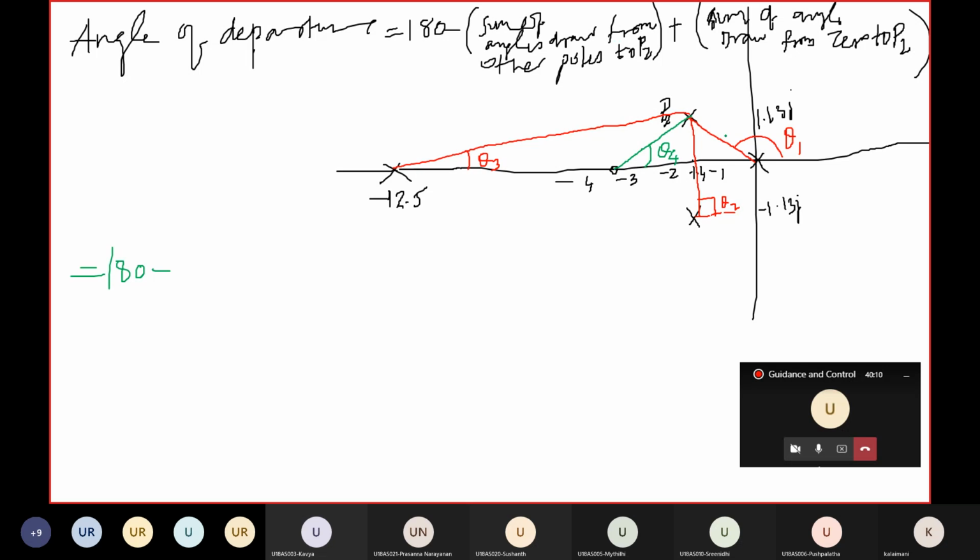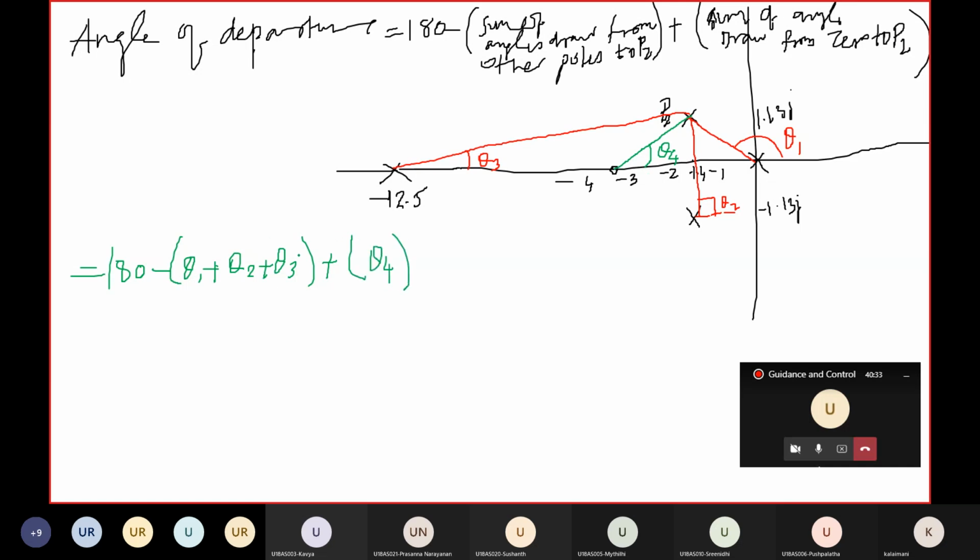This angle is theta 1, then theta 2 plus theta 3. Therefore, the whole is theta 1 plus theta 2 plus theta 3. Then plus the sum of angles drawn from zeros to complex pole P2. The angle is theta 4.